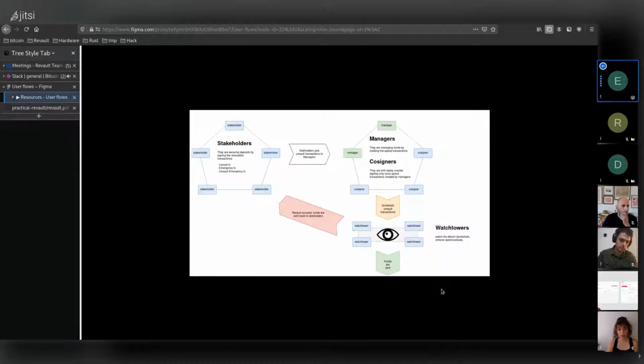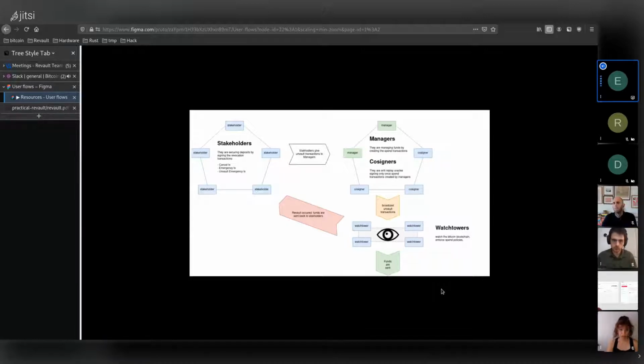So the stakeholders and the managers are 2 different roles. And when you're a stakeholder, finally, you don't want to manage funds. You just want to sleep well, to be sure that you don't have a problem every day of spending transactions to sign. You just want to be sure that your funds are secure, and that's it.